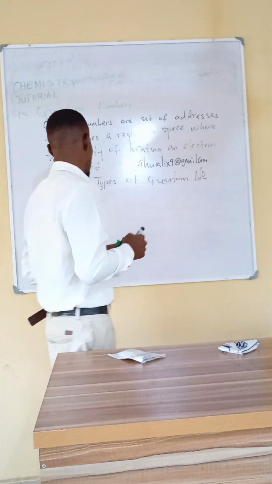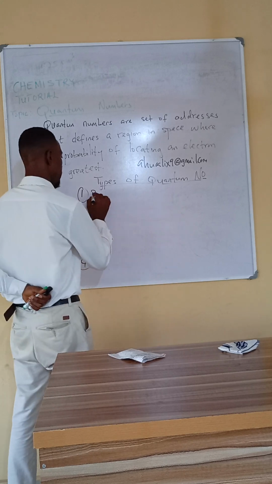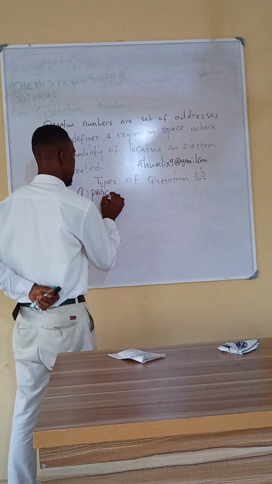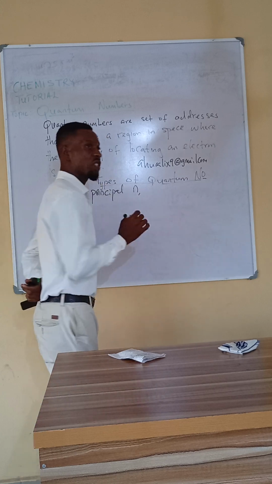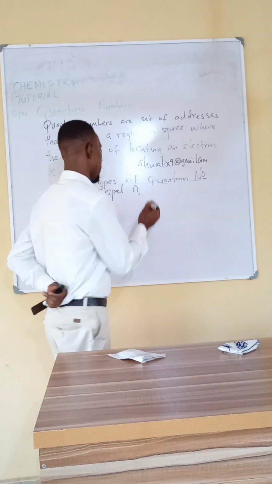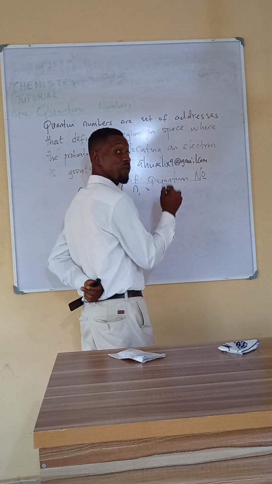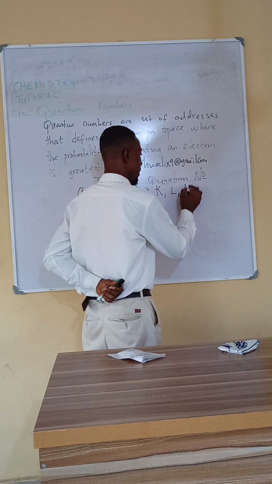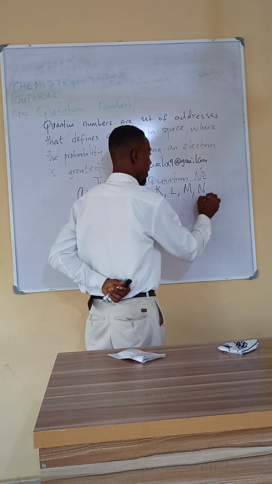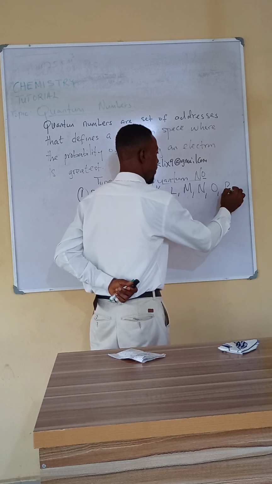The principal quantum number is designated by small letter n. This principal quantum number can also be represented by capital letters such as K, L, M, N, O, P, and so on.